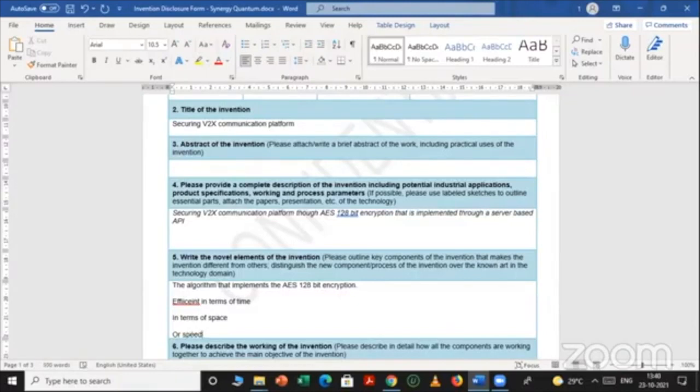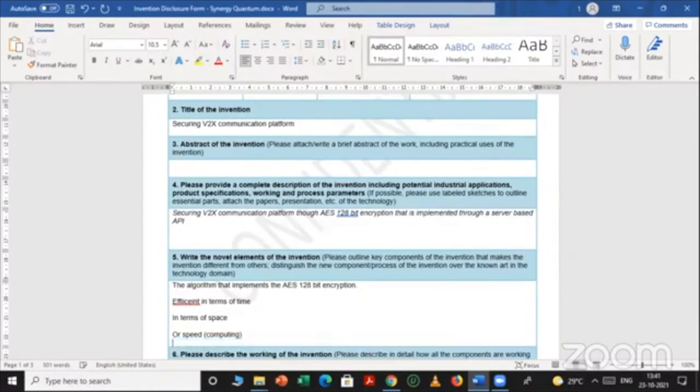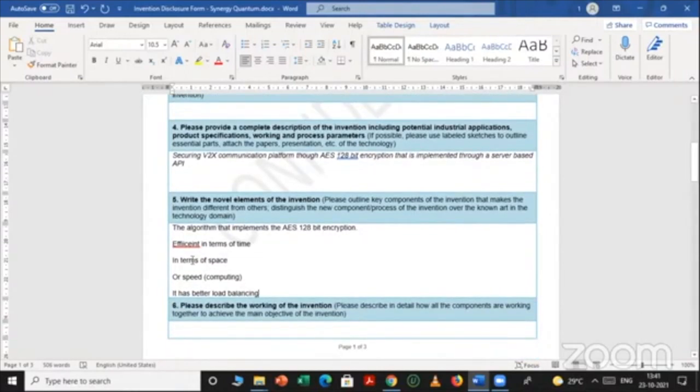When I'm talking about speed, I'm talking about computing speed, or it has better load balancing. So the purpose of pointing out all these points is to tell you what can be the novelty of the invention.